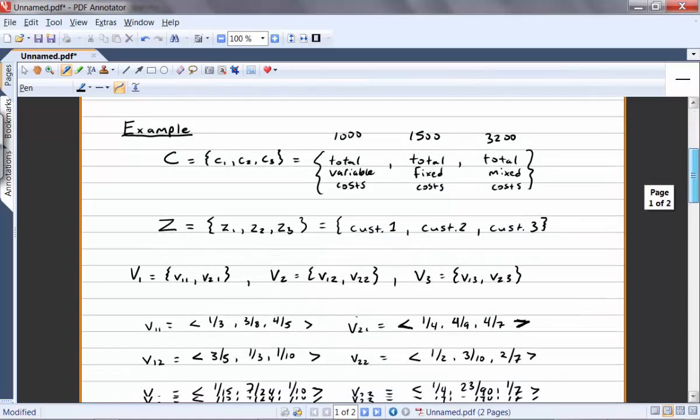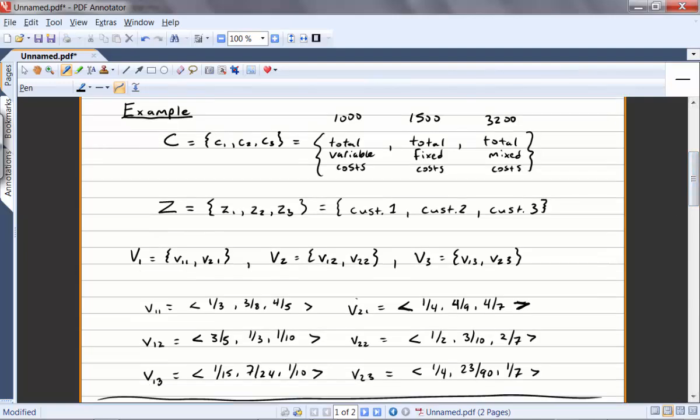So here's our example. We see there are three costs: total variable, total fixed, total mixed, 1,000, 1,500, and 3,200. We have three cost objects: customer 1, customer 2, customer 3. These are the three cost objects that we desire cost information about. We want to know as a company, how much does it cost us to serve customer 1 and customer 2 and customer 3.